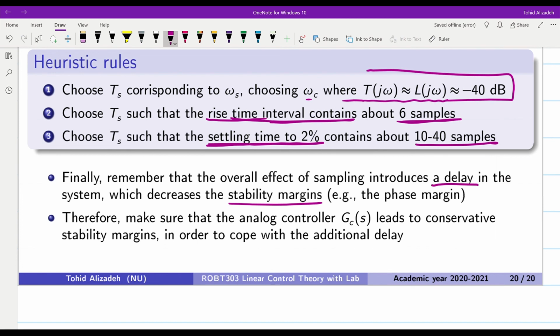As a result, when you want to design the analog controller first and then create the digital equivalent, keep in mind that you should pick a bigger value for the phase margin in order for your digital controller not to be unstable due to the effect of the sampling.